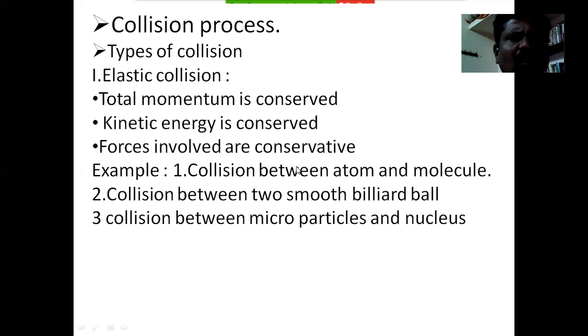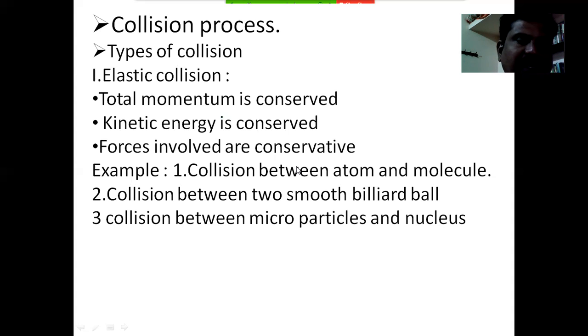Or simply, the collision process is said to be elastic if the kinetic energy is conserved. Collisions in which kinetic energy is conserved are called elastic collisions.